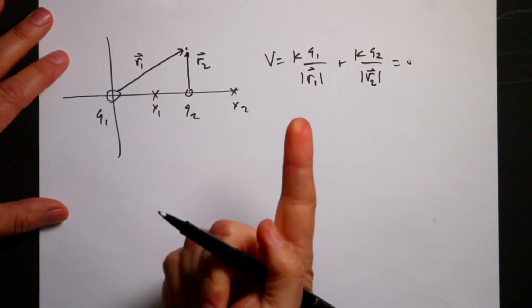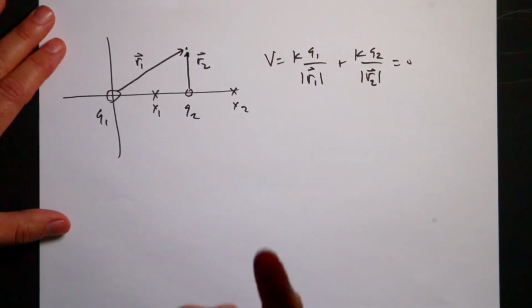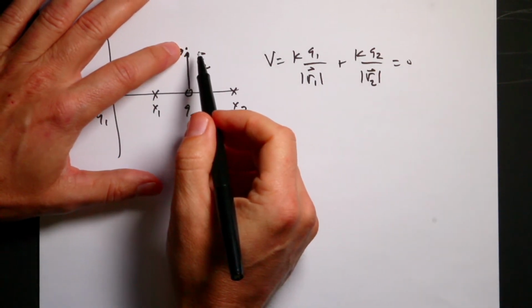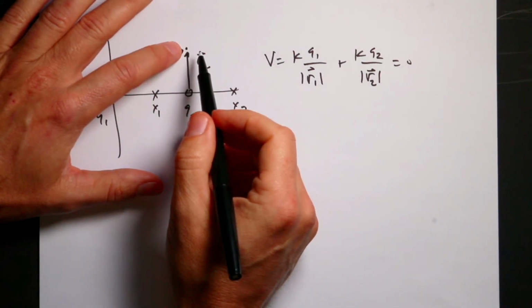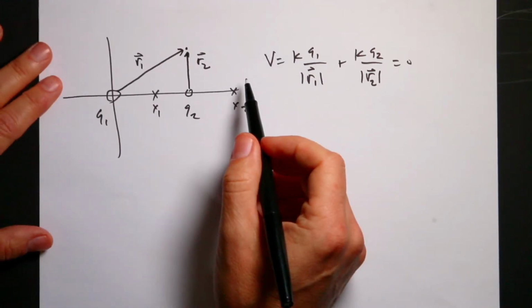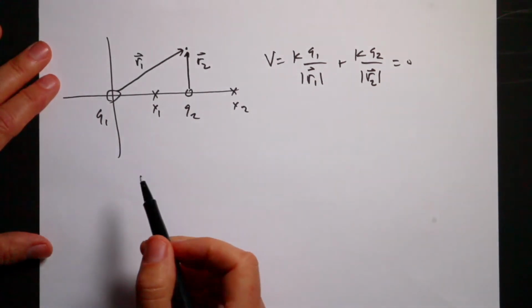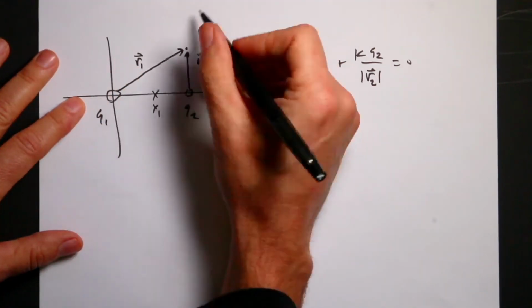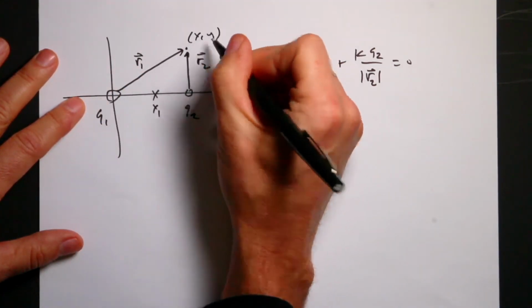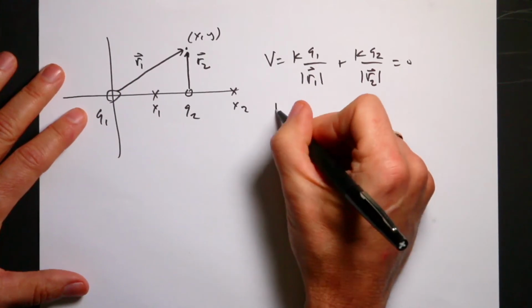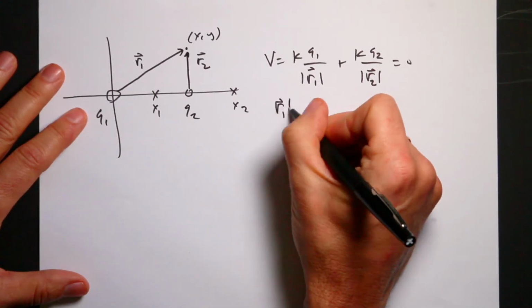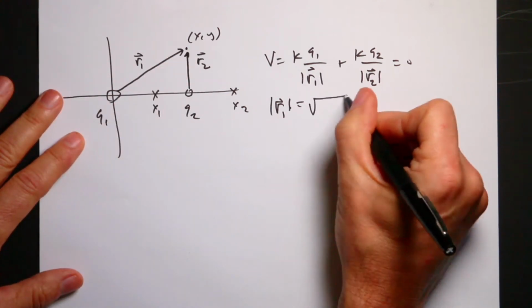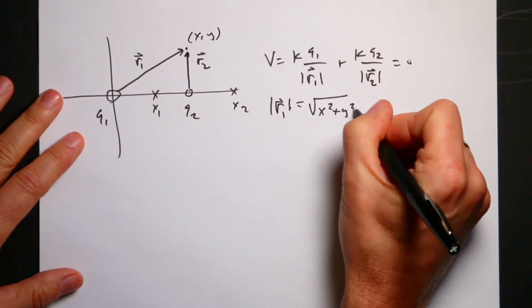Yes. And when I did this for the electric field, that was not possible because the electric field was a vector and there was no way these two vectors could add up to 0 because they'd be in different directions. But the electric potential is a scalar, so there is a way for them to add up to 0. Okay, so let's just get an expression. Let's call this the point xy. So the magnitude of r1 is going to be the square root of x squared plus y squared.